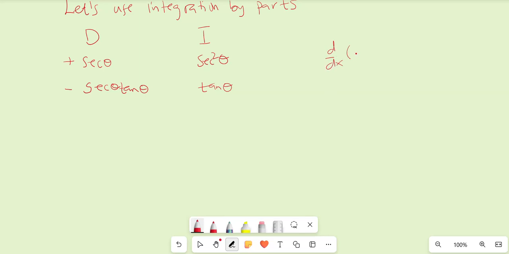because when we differentiate tan theta, we are getting secant squared theta. So if we are integrating secant to the second power of theta d theta, that should just be equal to tan theta plus the constant of integration.